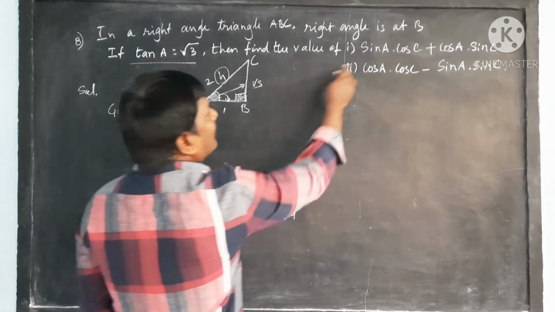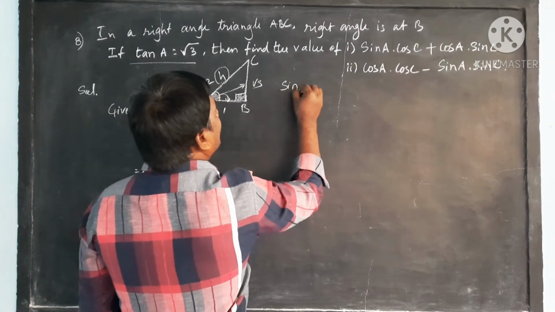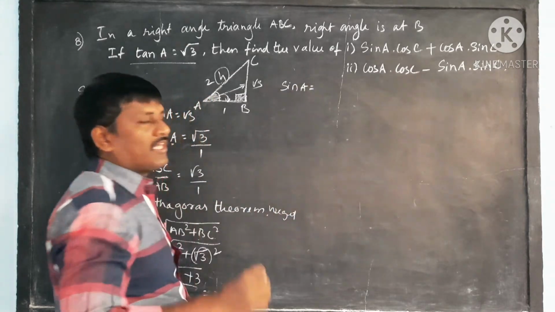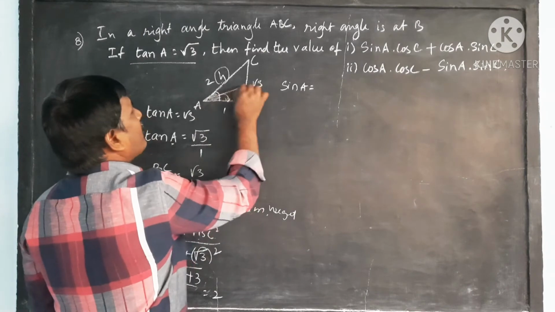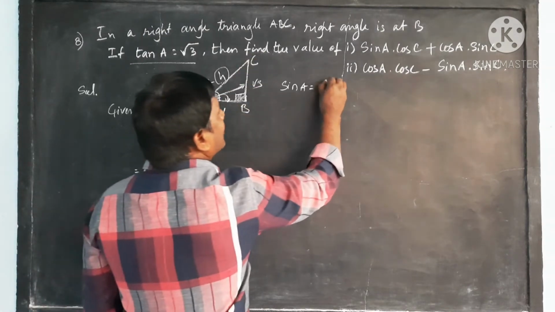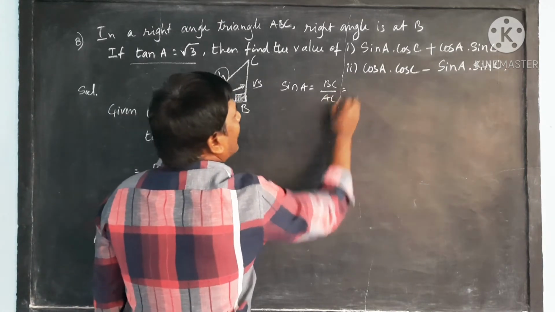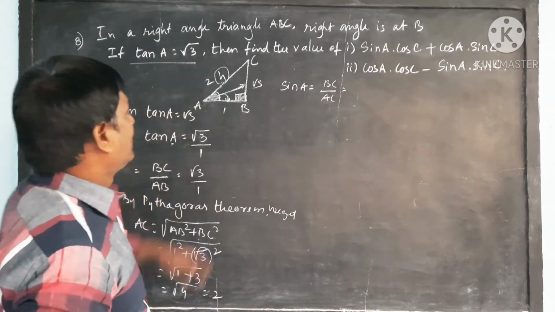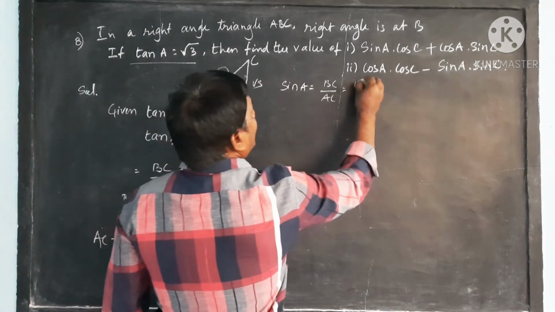Now we have to find the value of sin A. Sin A means opposite side to angle A by hypotenuse. So the opposite side to angle A is BC and the hypotenuse is AC. Now substitute the values of BC and AC: root 3 by 2.